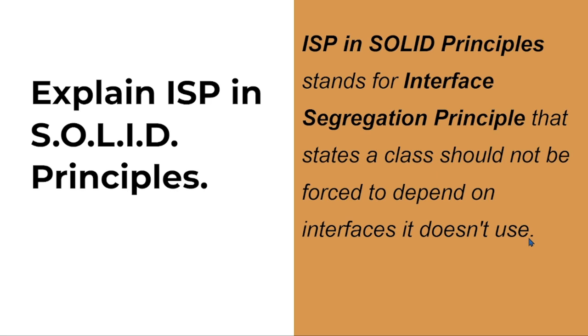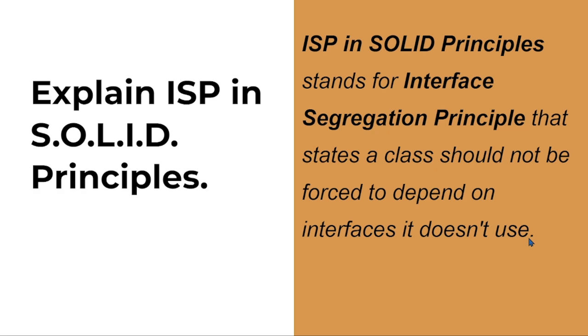So this interface has three functions: Draw, CalculateArea and CalculatePerimeter. If we create a class for a circle or a rectangle and it implements the IShape interface, then it has to mandatorily implement all the three functions.